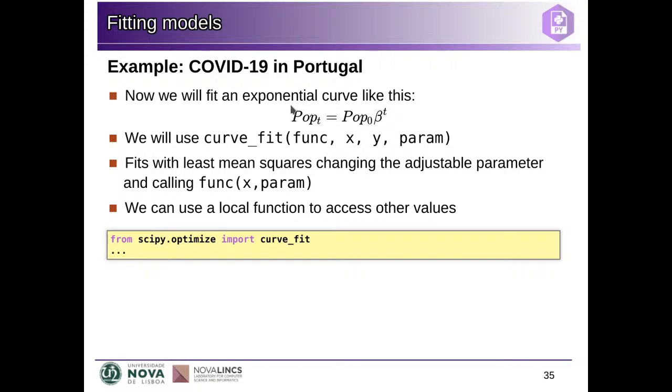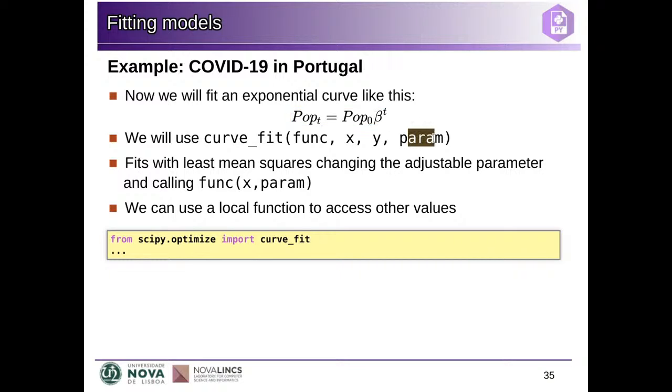But basically our exponential curve will be the population at time t, so the number of infected people at time t, will be the population at time 0, the initial number of infected people, multiplied by some beta parameter, which tells us how the curve is shaped, raised to the power of t. So this is an exponential growth. So we can adjust this beta parameter.